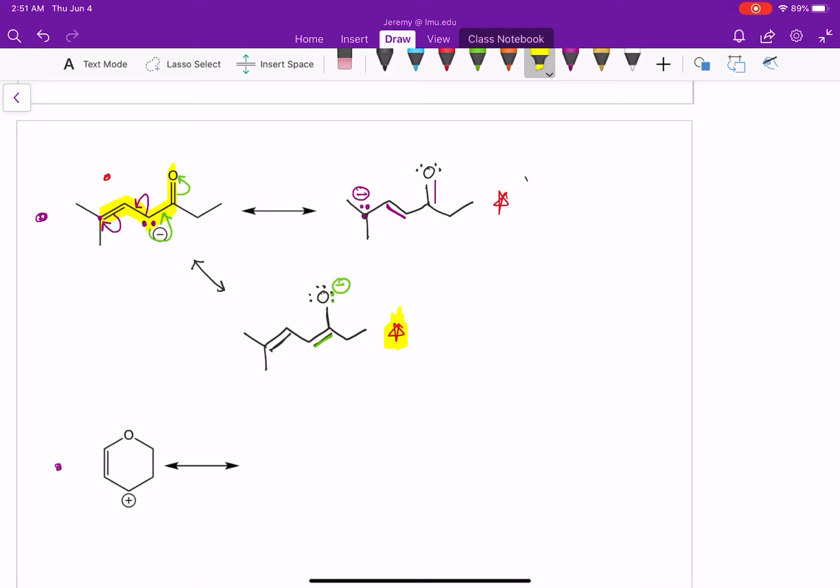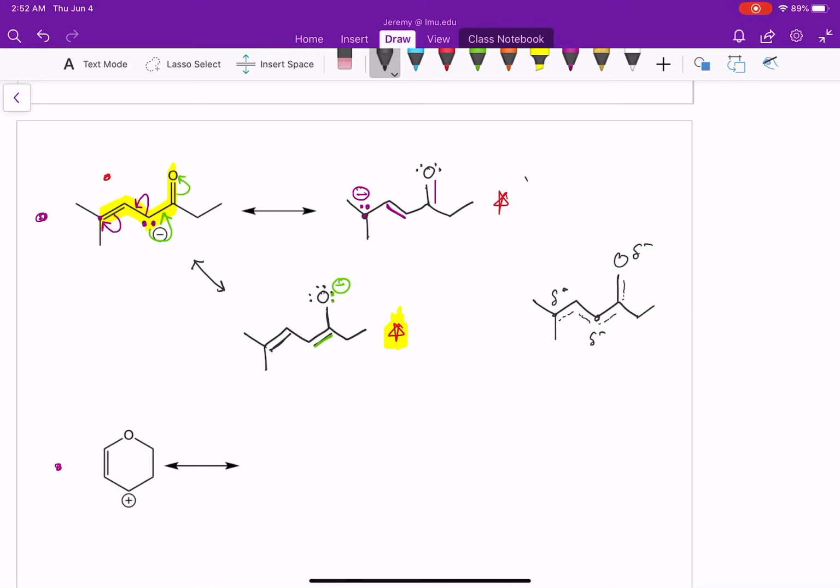Again, this is one structure, right? There's one structure here. We can draw a resonance hybrid to show that. Dotted lines, O. We have a partial negative, we have a partial negative, we have a partial negative.